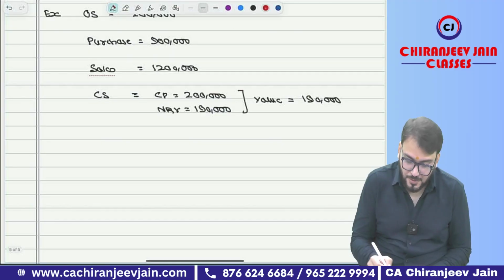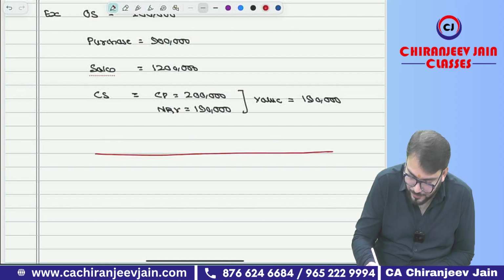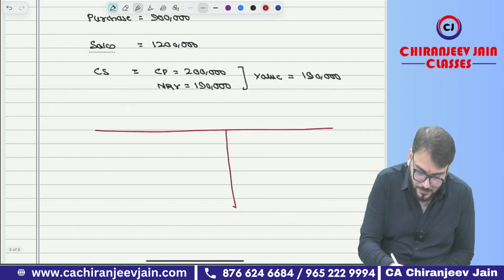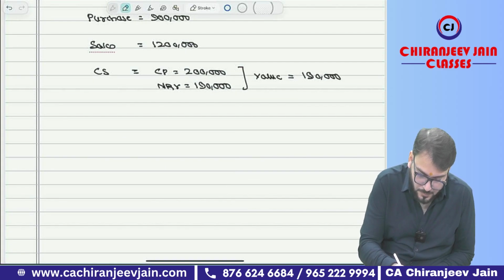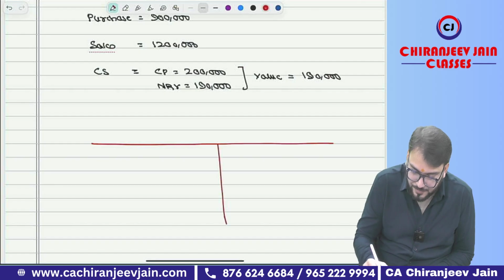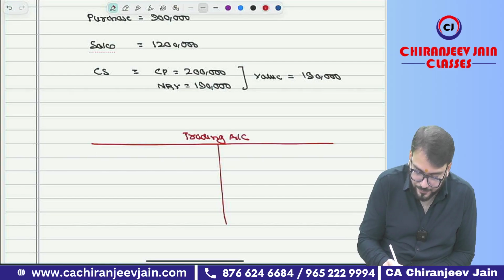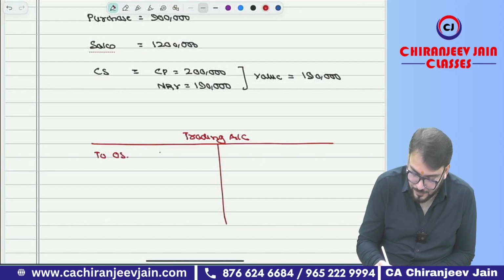Okay. So in your traditional method, in trading account, how you used to write down? Only for your understanding I'm writing. Trading account. To opening stock how much? 1 lakh.